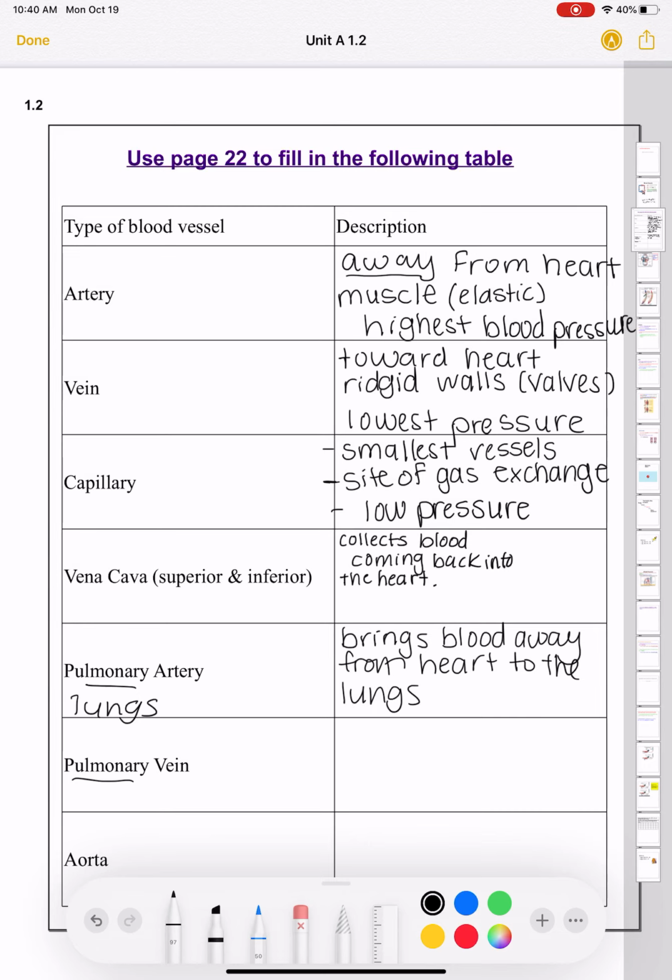Then the pulmonary vein is going to bring blood back toward the heart from the lungs.